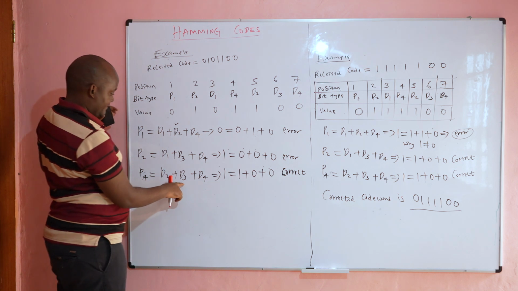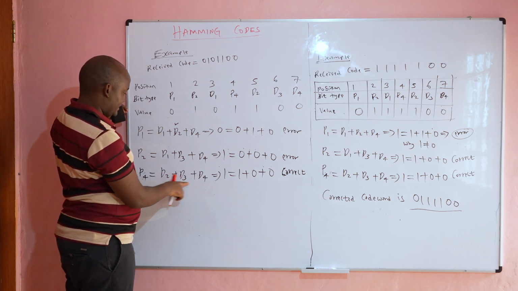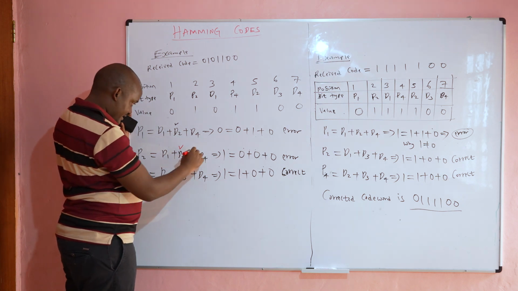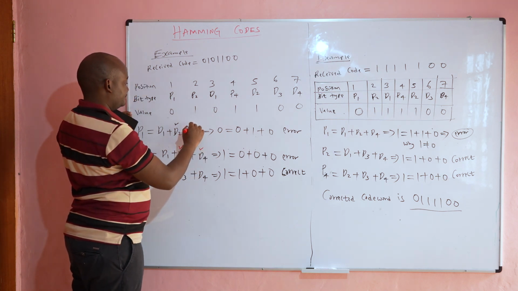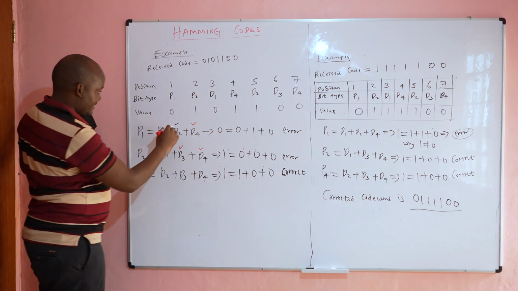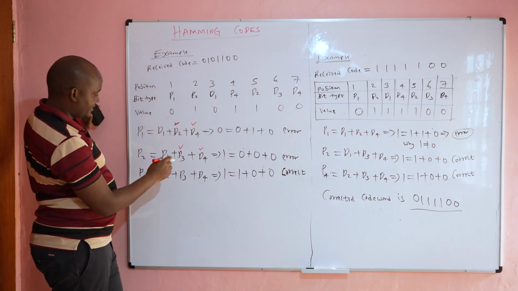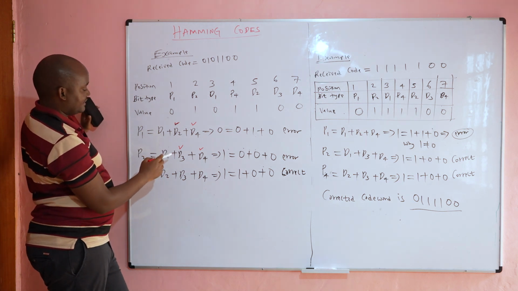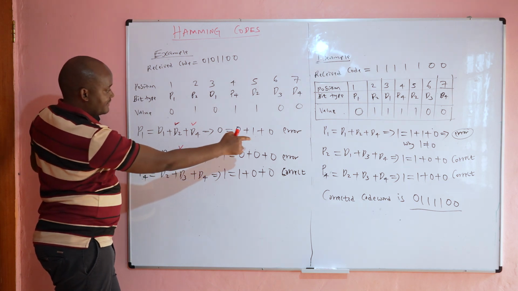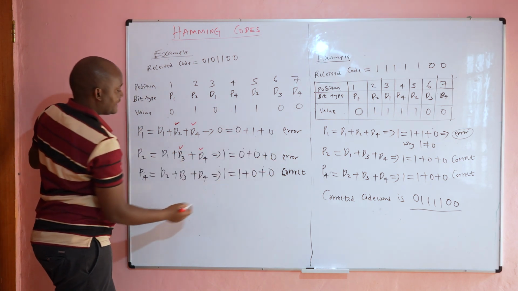D3 is correct here, so it is also correct here. D4 is correct here, meaning that it is also correct here and also here. So we have exhausted everything in the data cell. We've seen that this is giving us an error here and another error here.